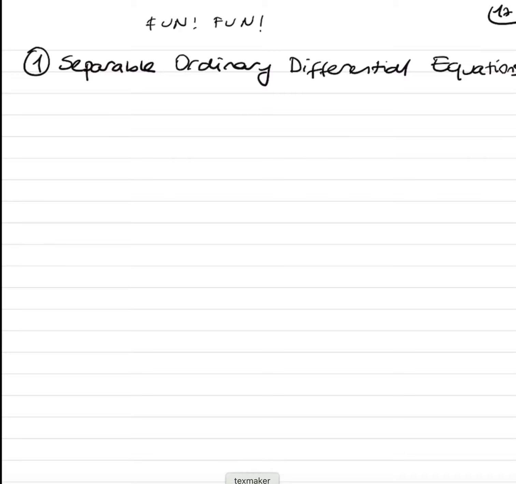Okay, let's start with the definition. Maybe we should say first order, because now we are only concentrating on first order differential equations.